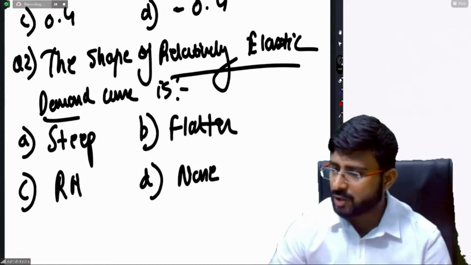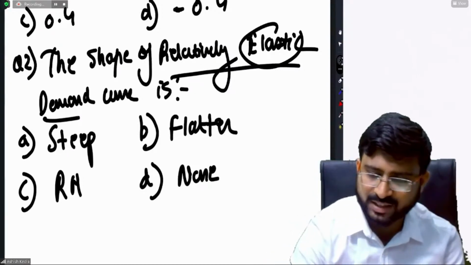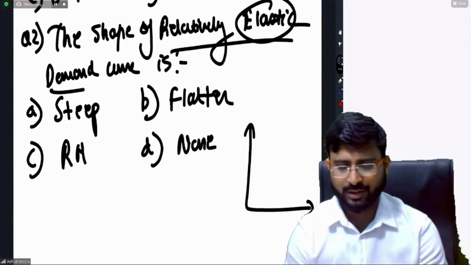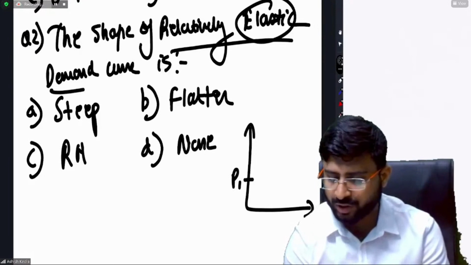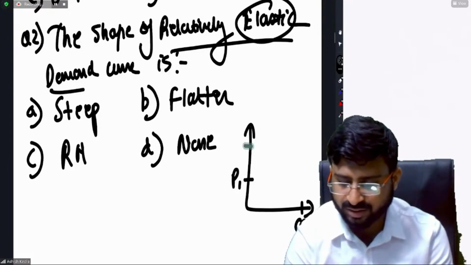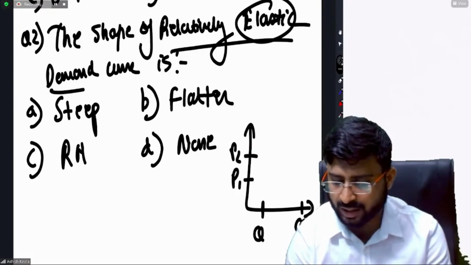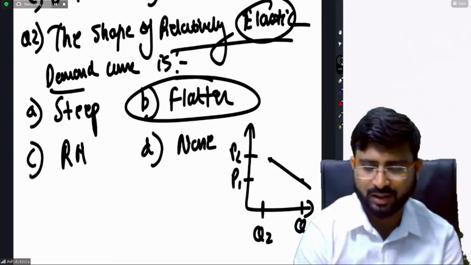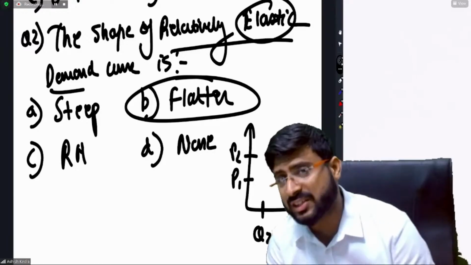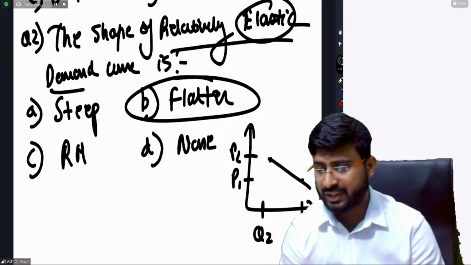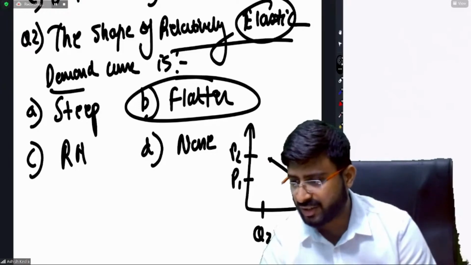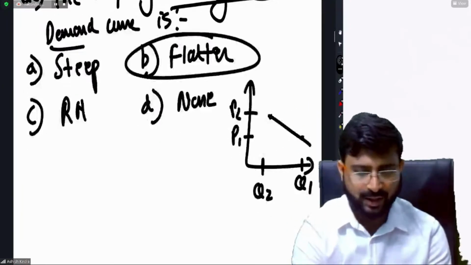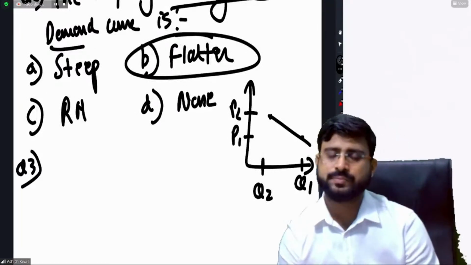See, first of all, elastic demand. So what will change greater? Percentage change in quantity, right? So if price is P1, quantity is this, and if price rises a little, quantity falls a lot, then you will see the curve is relatively flatter. So remember, in relatively elastic, it is flatter. Okay? Next question.